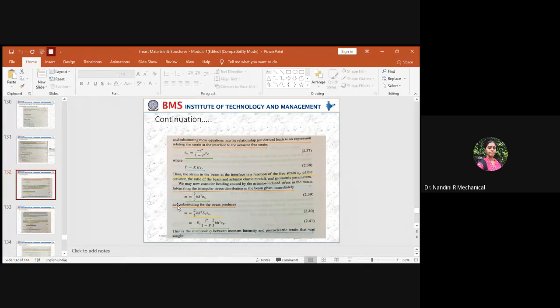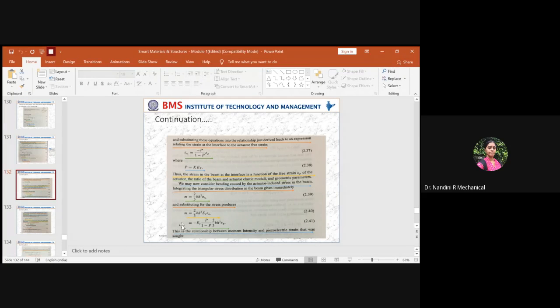M will always give the moment intensity with respect to the piezoelectric strain induced in the given body subjected to the mechanical loading applied. If they ask you to show the relationship between the moment intensity and the piezoelectric strain, this is how you have to show the equation. M always stands for the intensity of the moment. Again, it depends upon the moment at the external loading and the moment at the internal loading.